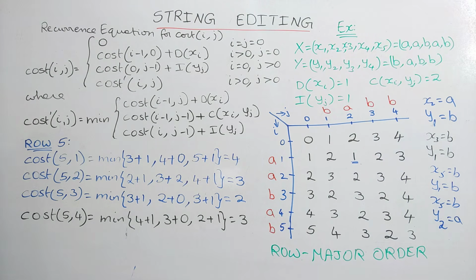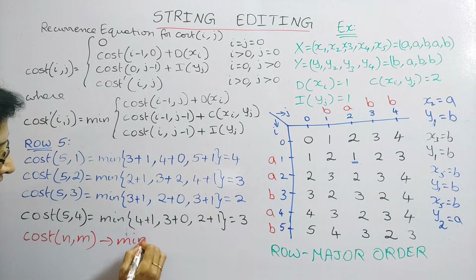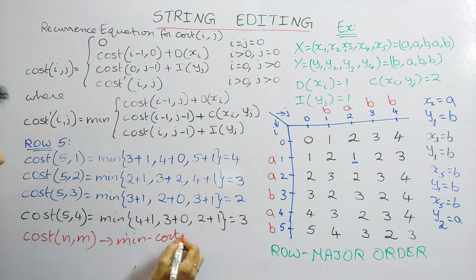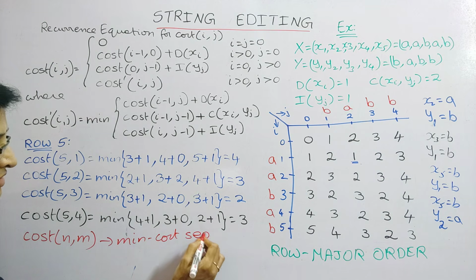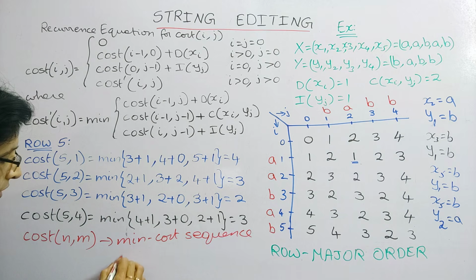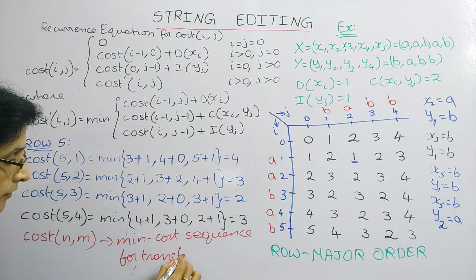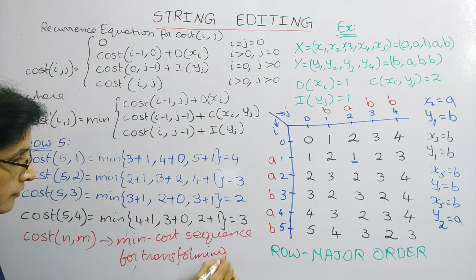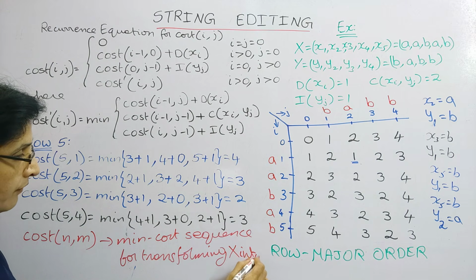So already I told that this is the cost of n comma m. So this is the minimum cost sequence for transforming x into y.